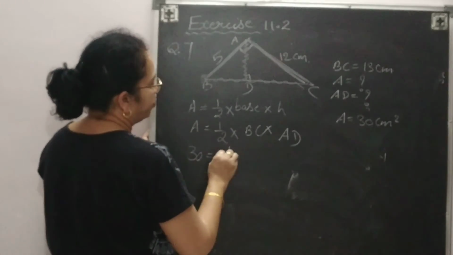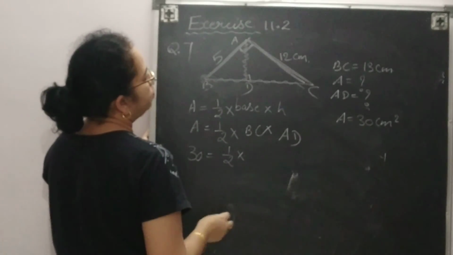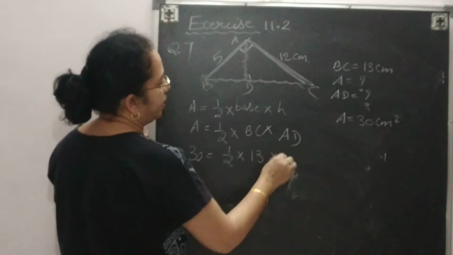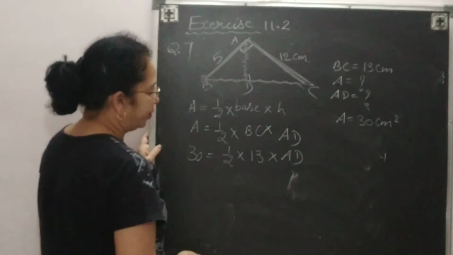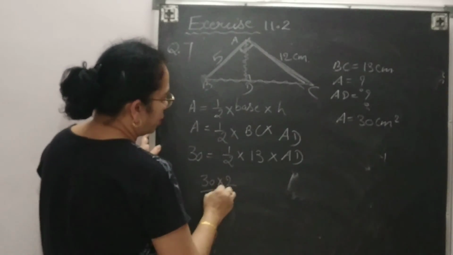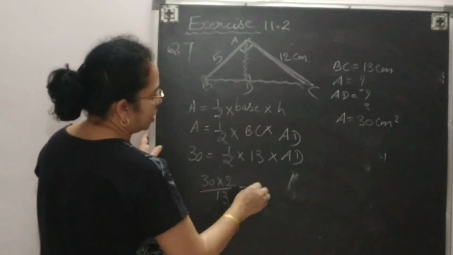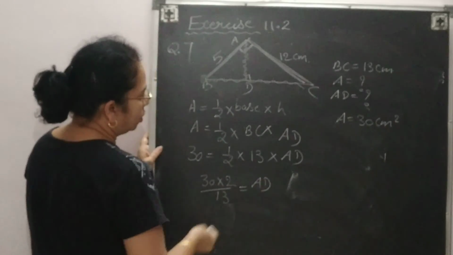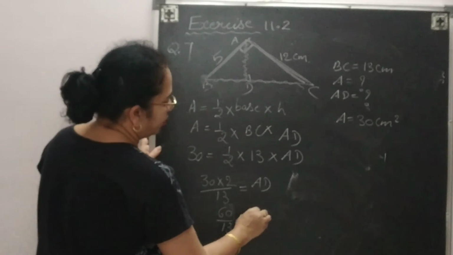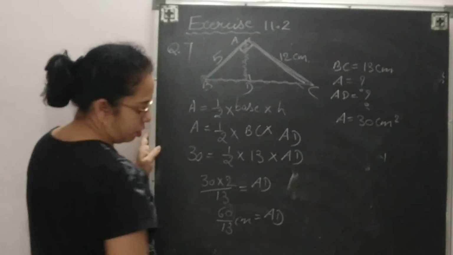So 30 is equal to half into BC. BC is given 13 centimeter and AD you need to find out. So now we will transfer this 30 into 2 upon 13. So AD is equal to 60 divided by 13 centimeter is the length of AD.